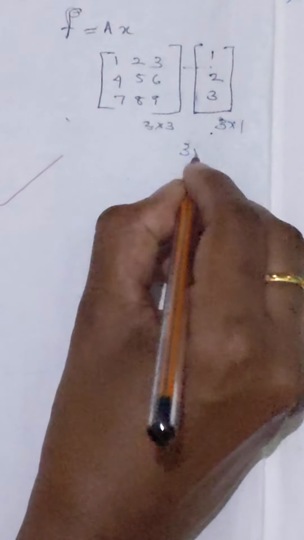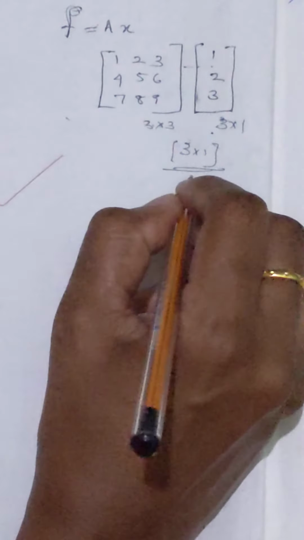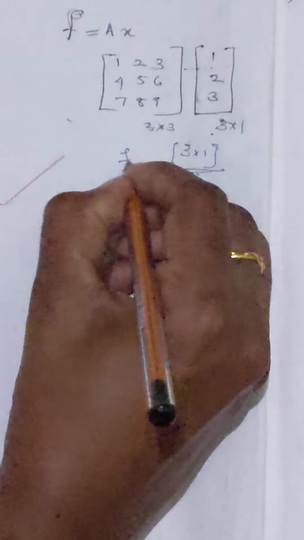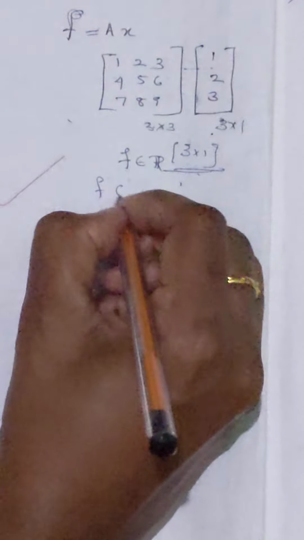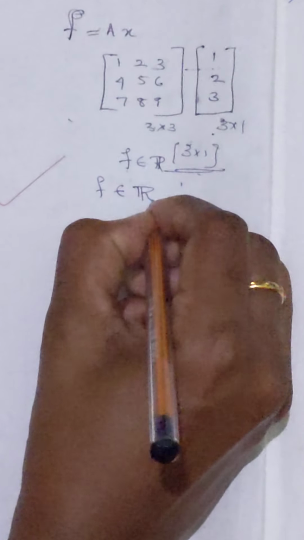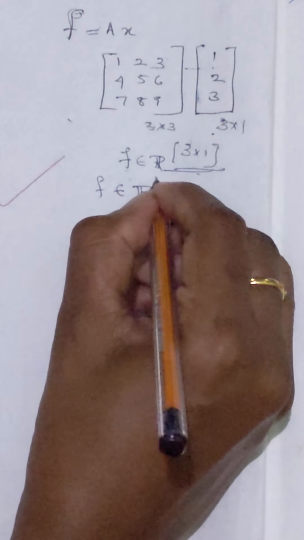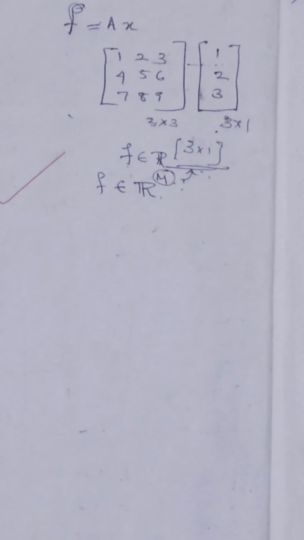You will get a 3 by 1 dimension, some vector. That is the dimension of f. As we said, f belongs to the real numbers with dimension m, so here m is 3, a single column vector with 3 elements.